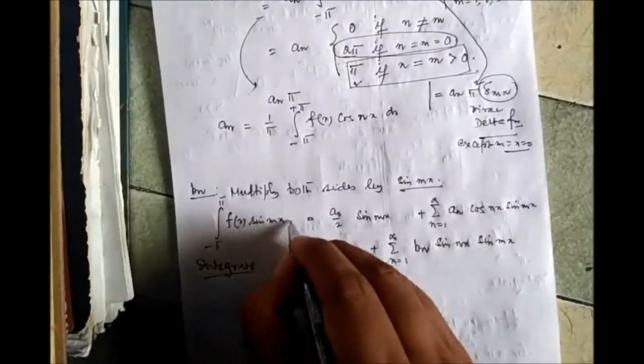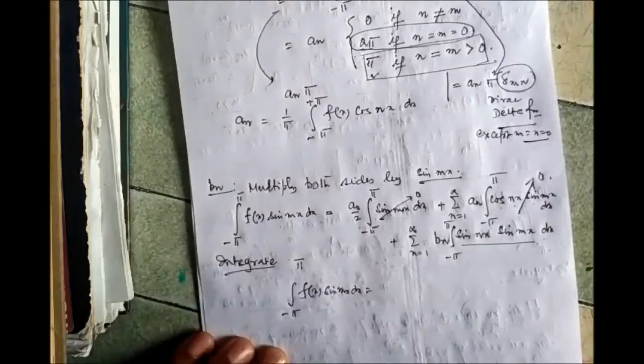Now integrate. So integration over the interval minus pi to plus pi dx on each term, again minus pi to plus pi dx, right? So as this is a cross term, cos nx sin mx, this gives me automatically 0.